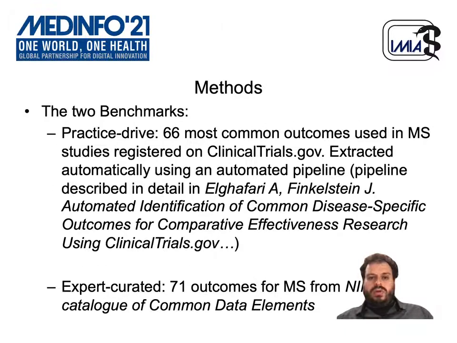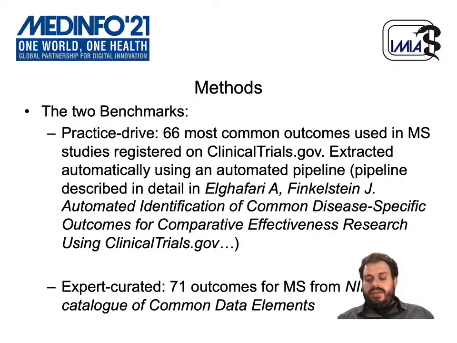So moving on, the methods that we have employed. We have used two independent benchmarks. One is a real-world practice-driven benchmark, and this consists of the 66 most common outcomes used in MS studies that were registered on clinicaltrials.gov. These outcomes were extracted automatically using an automated clinical trials pipeline.